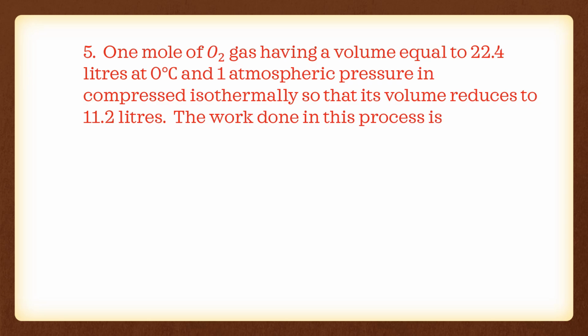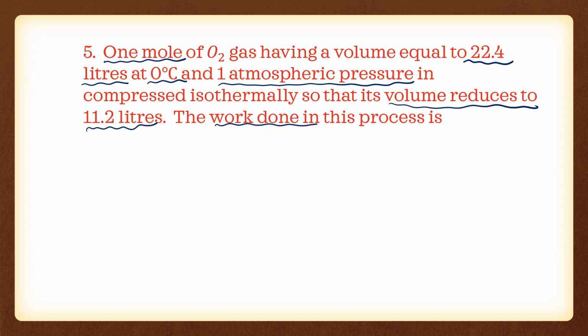What is the work done in this process? So here they are given 1 mole of oxygen gas and volume equal to 22.4 liters at 0 degree centigrade, 1 atmospheric pressure, and volume reduces to 11.2 liters. So you have to calculate the work done in this process.